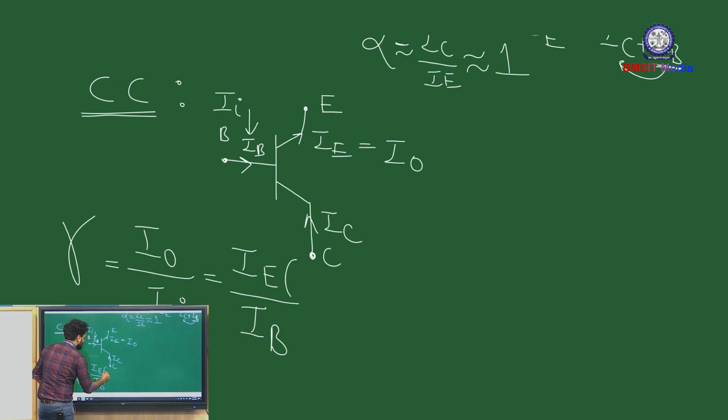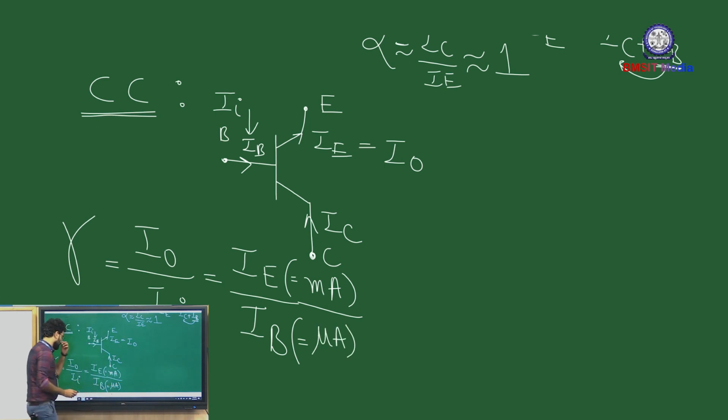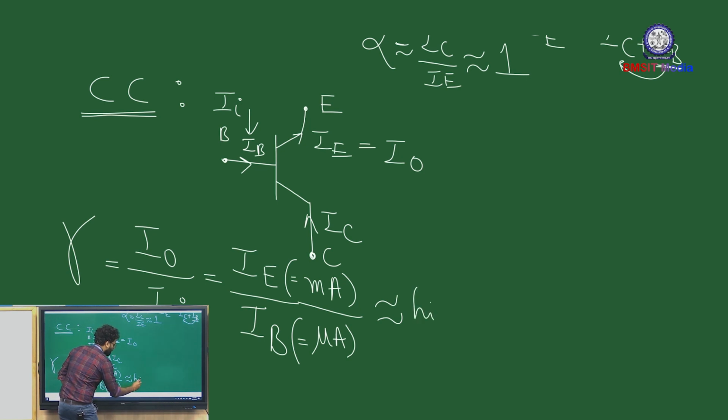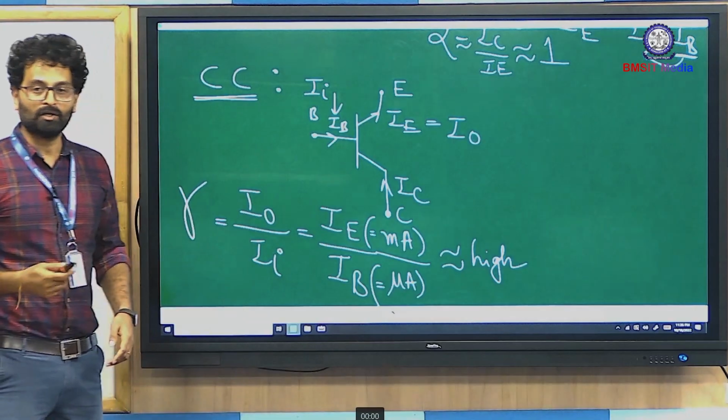So as you know, in a BJT, the operating level of emitter current is in the range of few milliamperes, and the base current is typically in the range of microamperes. So that's why the ratio IE by IB gives a pretty high current gain, just like your common emitter configuration.